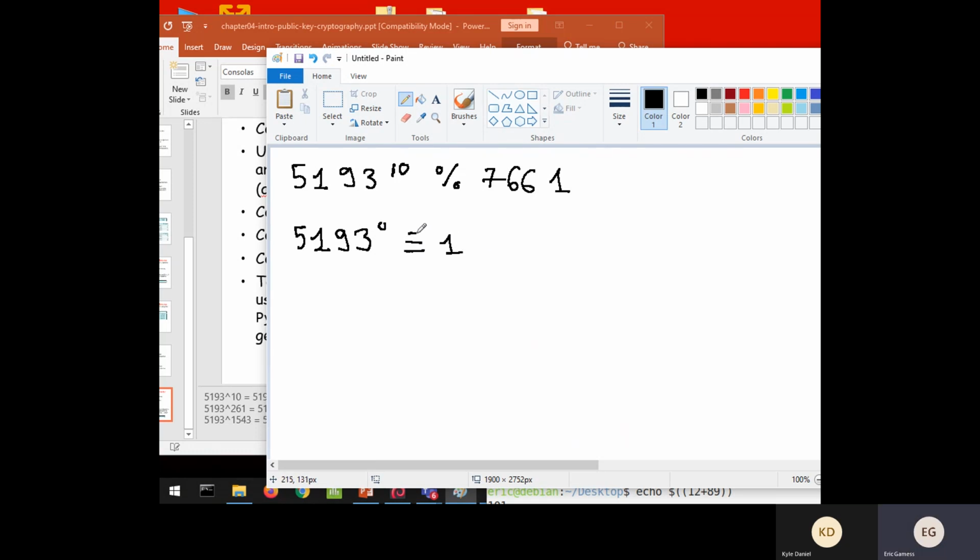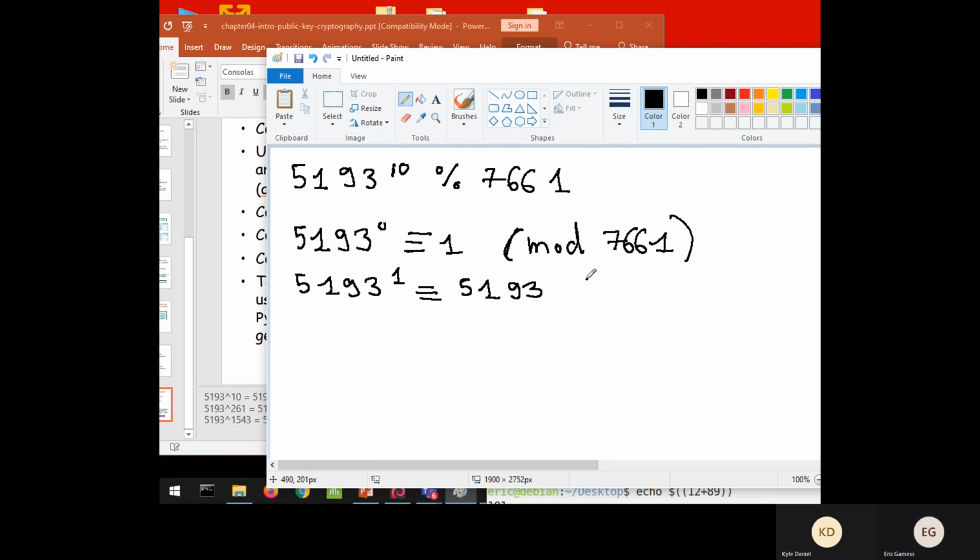And it will be congruent to 1 modulus 7,661. Now, if I put 5,193 to the power of 1, it will be the same, 5,193 modulus 7,661.